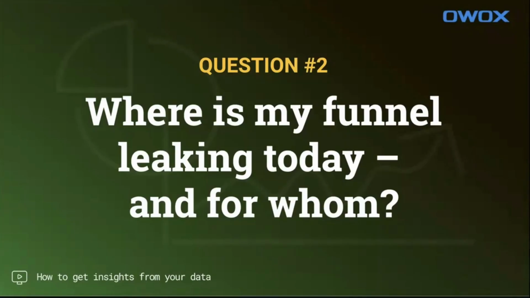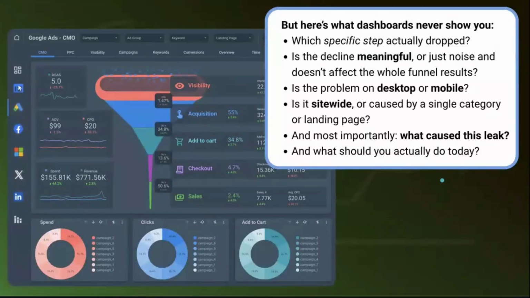Typically, it looks like the visitor, the product view, the add to cart, the checkout, the purchase. But here's what dashboards never show you, or rarely show you. Which specific step actually dropped and influenced the final metric, which is typically the revenue? Is the decline meaningful, or is it just noise that doesn't affect the whole funnel results?